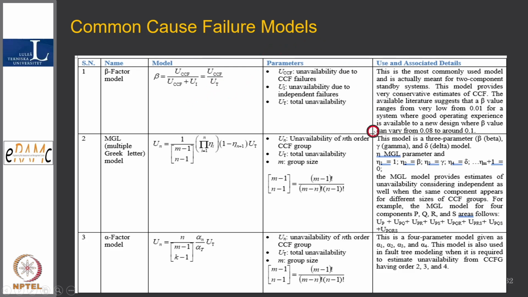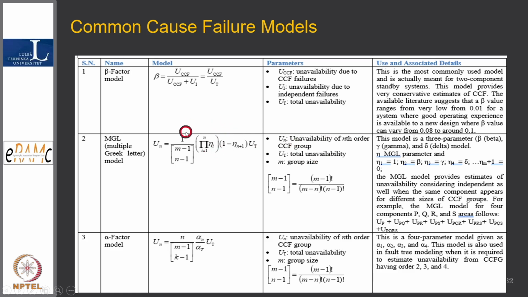This is the expression over here, and just for getting a feel of it, even if you study common cause failure, this model is sufficient for the scope of this course. Then further, if you want to go into detail, there is the multiple Greek letter model, where we have the unavailability of the nth order, which takes into account order 1, 2, 3.